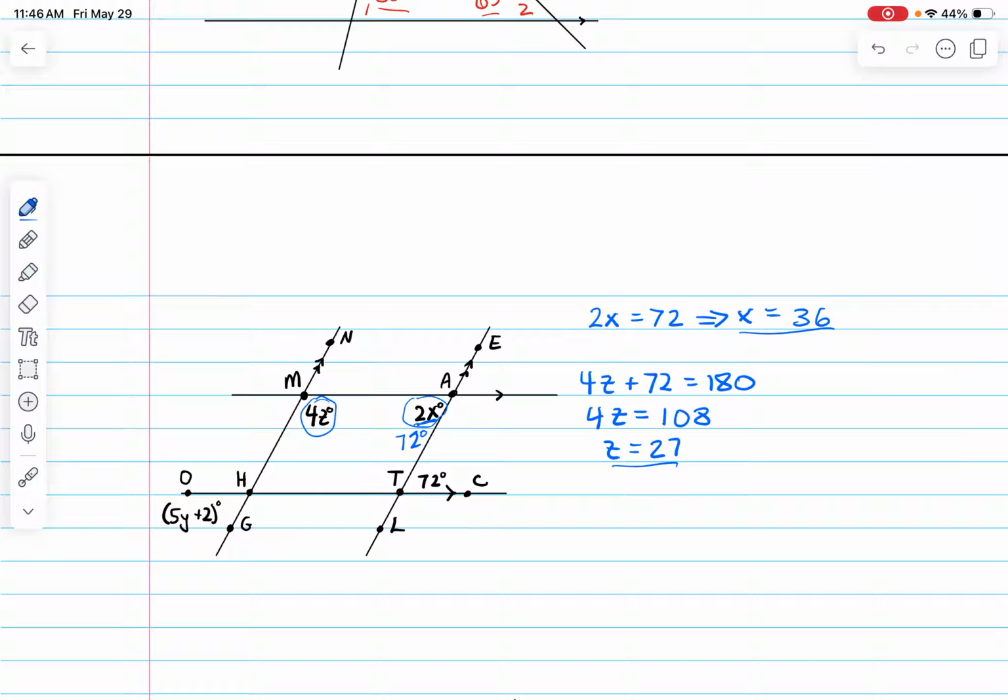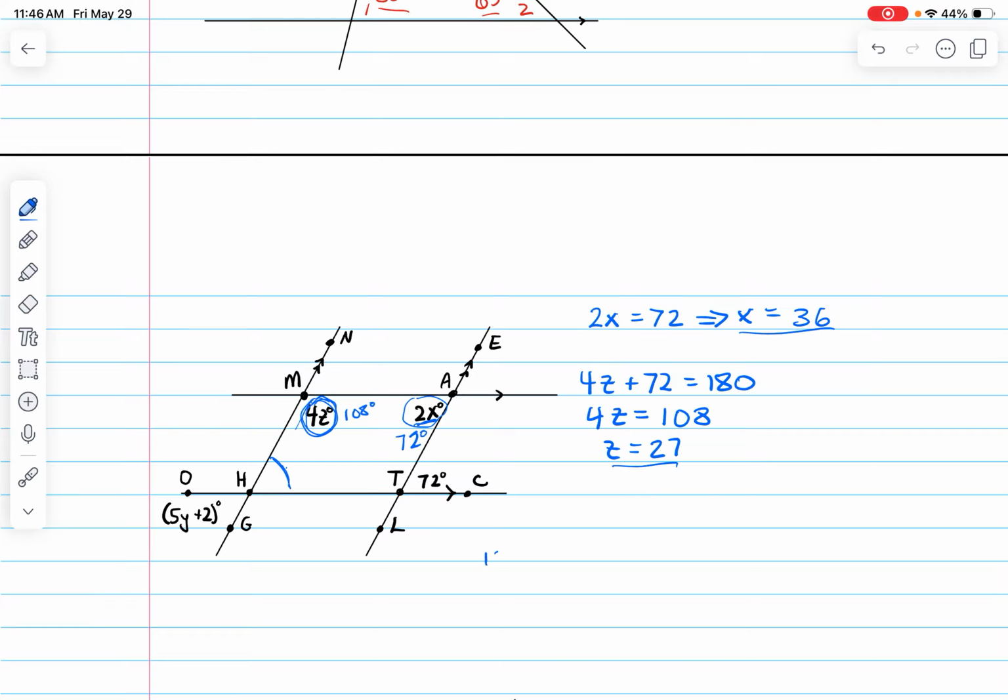I have this right here, which if you do 4 times 27, you're going to get 108. So this is 108 degrees. And these are alternate interior angles. So I can figure out what this angle is. This is going to be 180 minus 108.